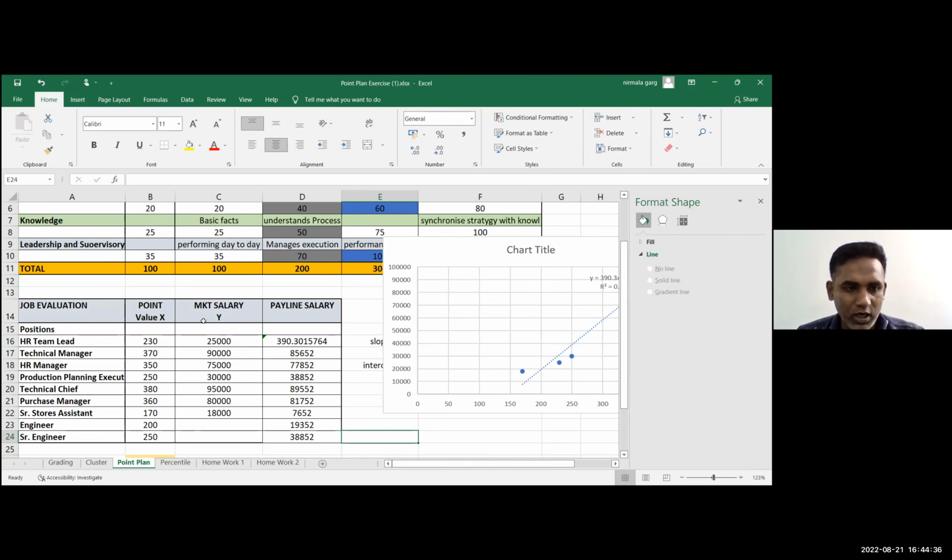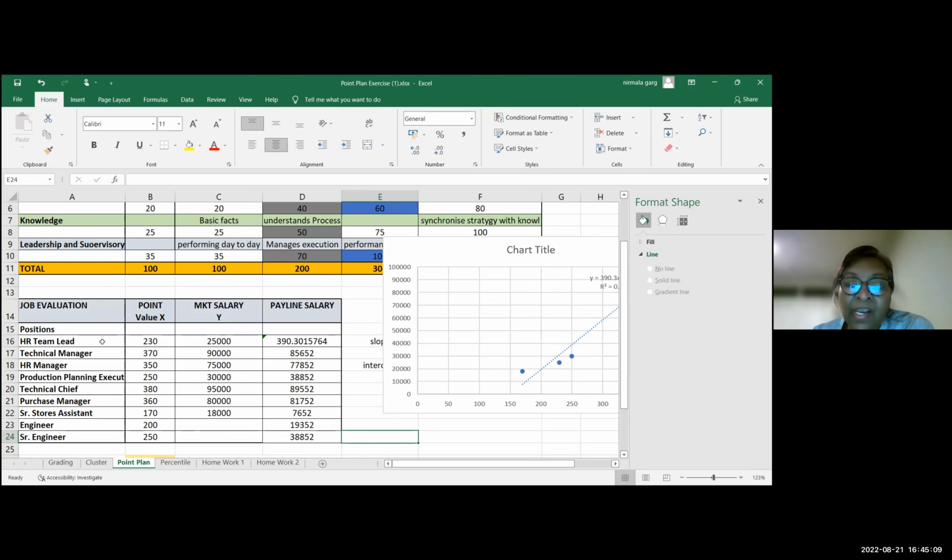One question, ma'am. Let's say HR team lead is the designation required for our office or client office. Now, if the market data says senior HR executive or HR supervisor... When you get market data, typically you will look at an HR team lead's job description. You have evaluated it and given 230 points.